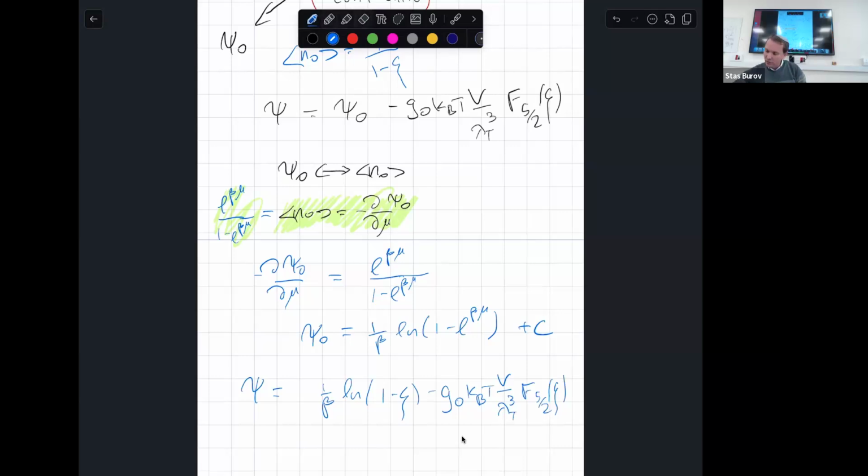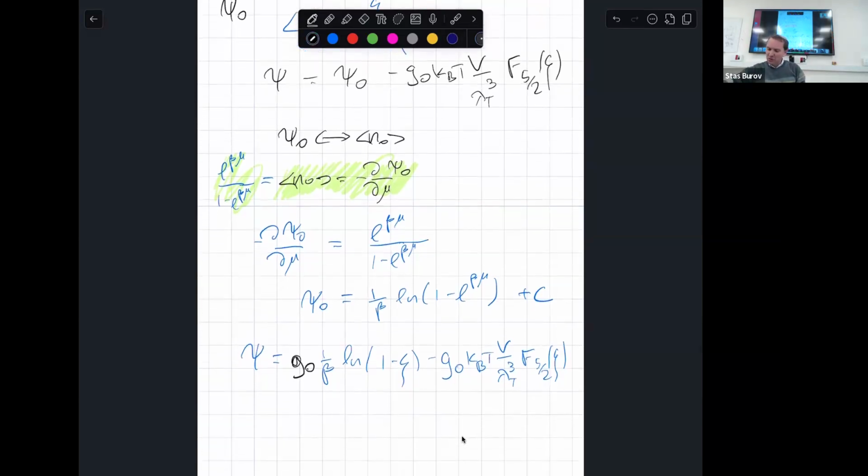Now one last thing to add: the degeneracy, this G0, is not only present on the excited states. It has to be present also for the ground state. So we have to add this G0 over here. Why? Because if the degeneracy is for all the excited states, it's also present for the lowest state. That's it.